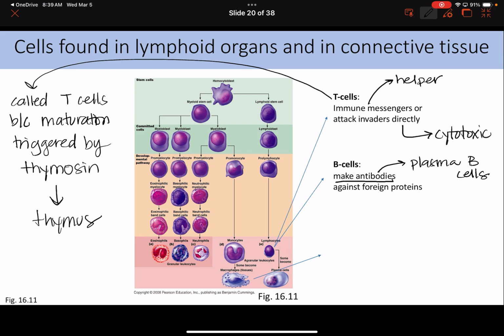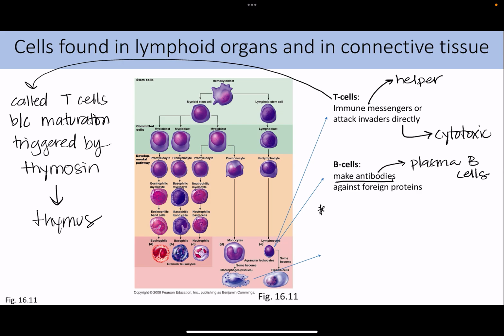And then we have other ones that help us remember when we've been infected by a particular pathogen, called memory B cells. Those are the ones that stick around for years to remember infections in case we're ever infected with that same pathogen again. And then another word for foreign proteins is an antigen.